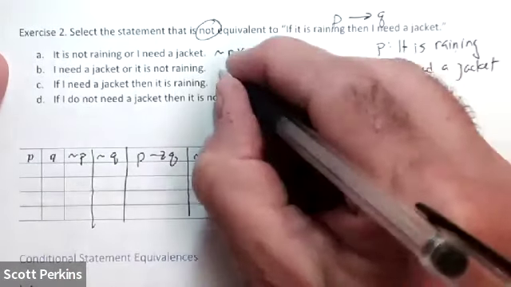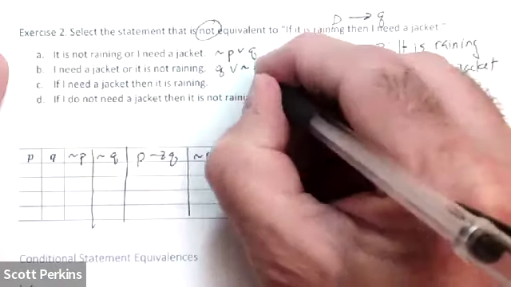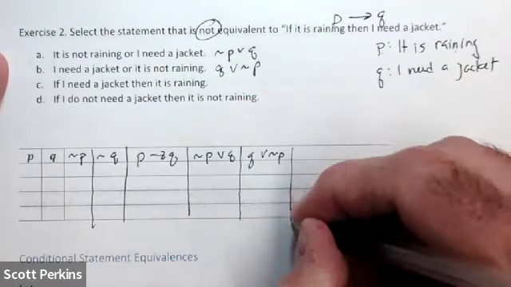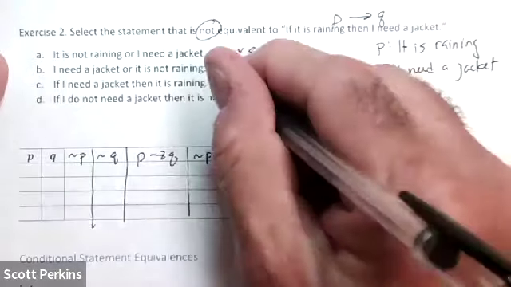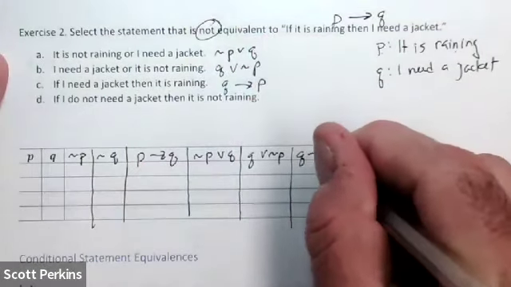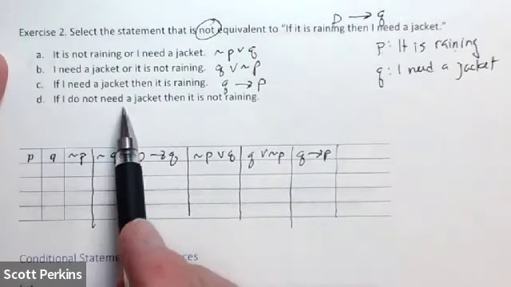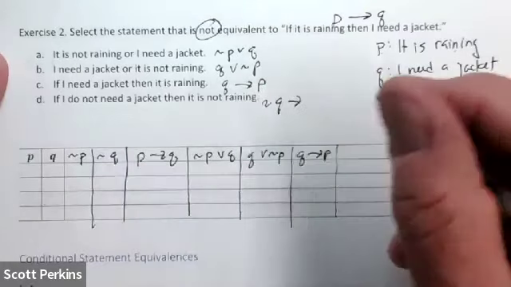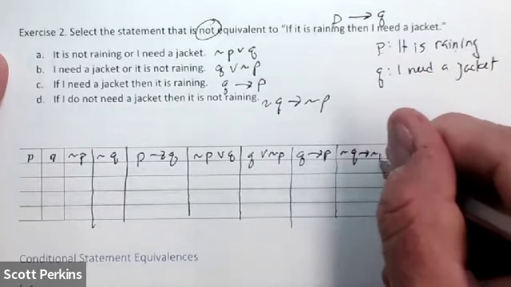So that is Q or not P. The next one is if I need a jacket, then it is raining. So that's Q, then P. And then last but not least, if I do not need a jacket, so that is squiggly Q, then it is not raining, squiggly P. There's my squigglies that I need, and we've got it.